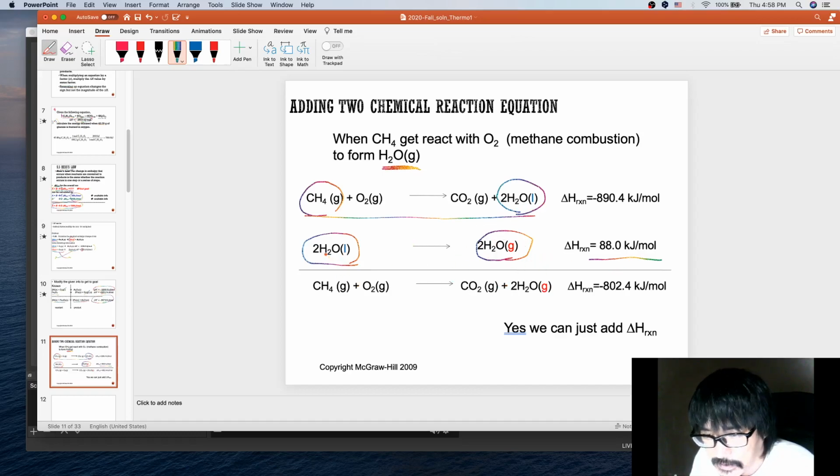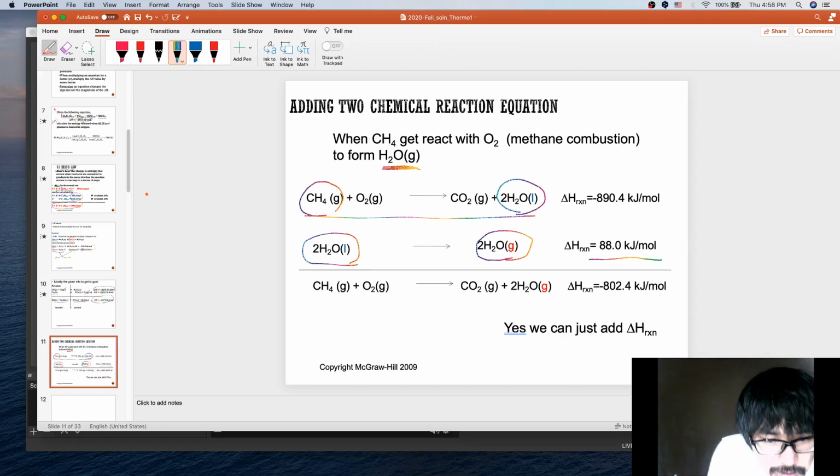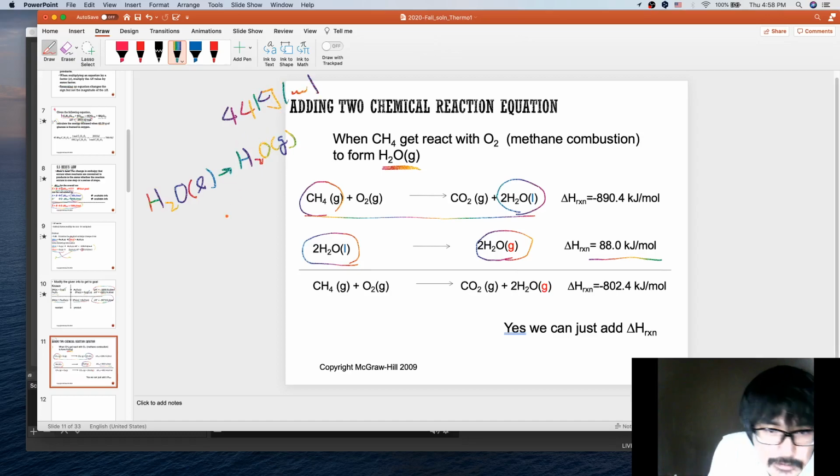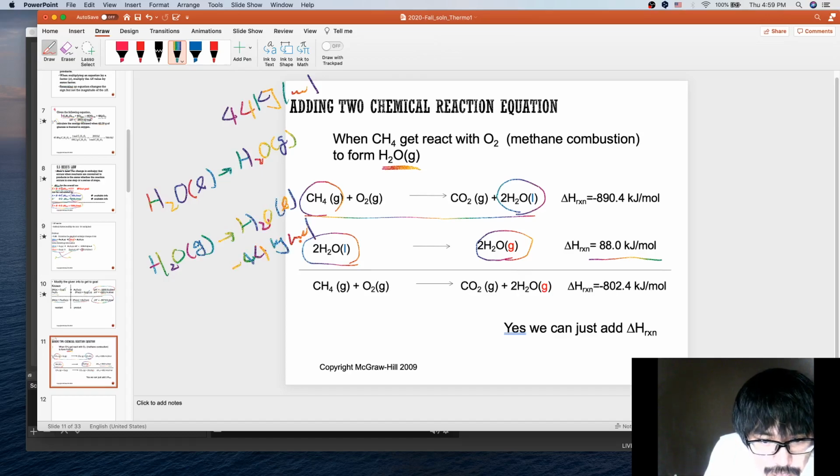So if you use the table, you probably find H2O liquid becoming H2O gas, and that's probably some kilojoules per mole. Or you may find H2O gas becoming H2O liquid, which is negative 44 kilojoules per mole.